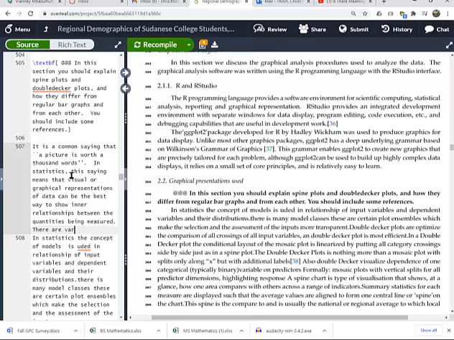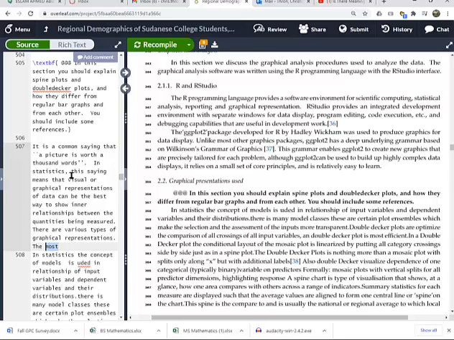There are various types of graphical representations. One of the most common is the simple bar chart.